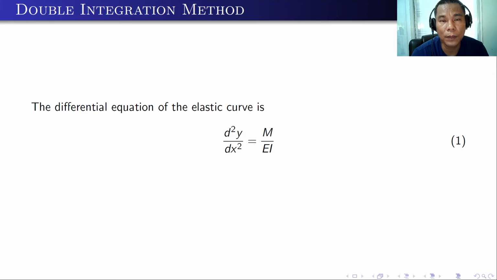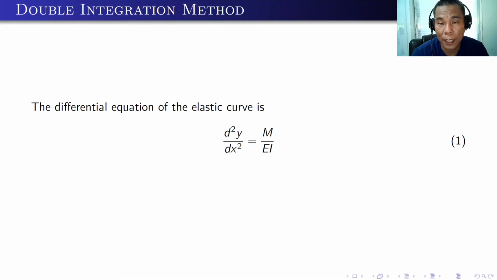M is the moment equation, and take note that in this equation we have the modulus of elasticity E and the moment of inertia I. Before, in our computations, we never talked about EI, but here you need to understand that we need to know the properties of the material, the modulus of elasticity, and the cross section of the material.